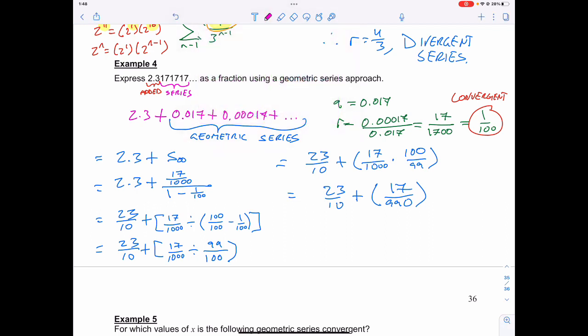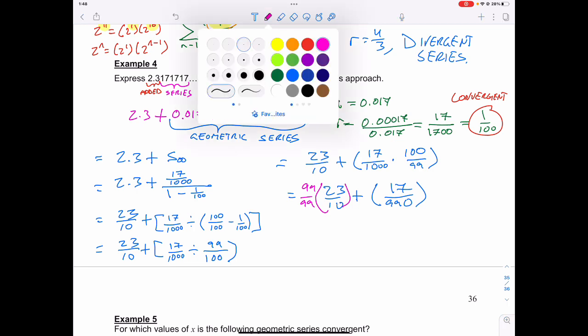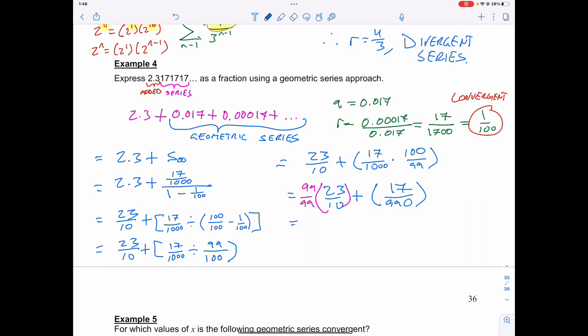Now, to give them a common denominator, I'm going to multiply the top and the bottom of this by 99. This is going to give me 2,294 over 990, and the numerator and denominator have a common factor of 2.